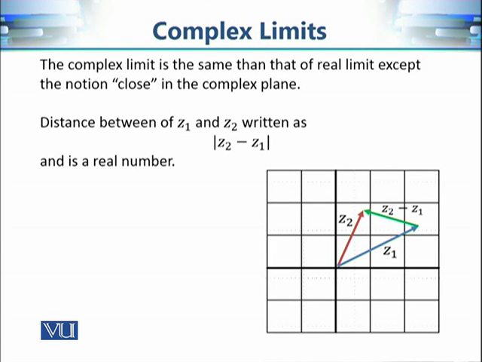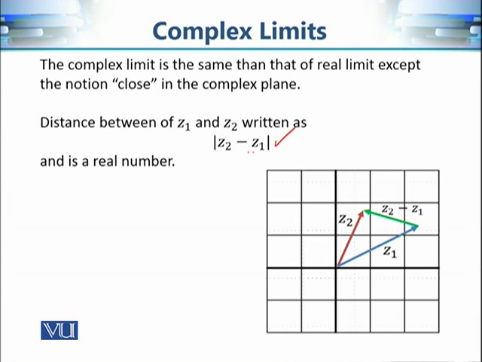Now, going to the complex limit case, if we want to calculate the limit of a complex function, then the concept is the same, but there is only one difference, that now we calculate the distance in some other way. The distance between two complex numbers can be calculated as the mod of z2 minus z1, which we discussed when we were discussing the difference of complex numbers.